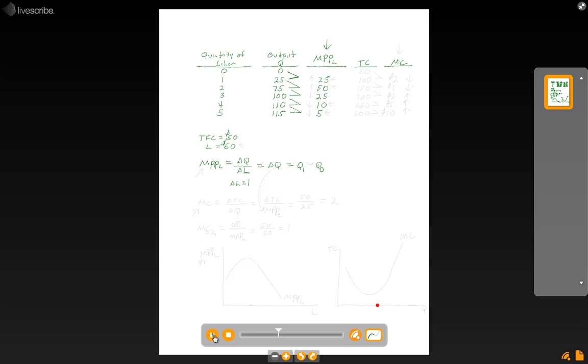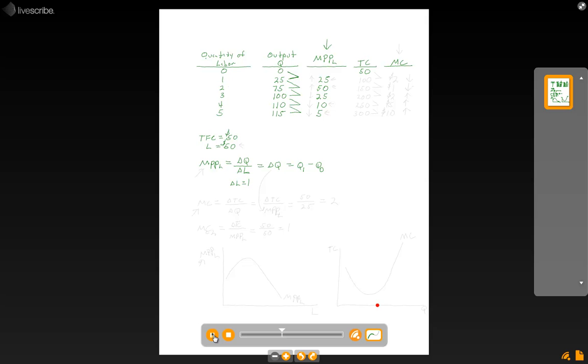All right, now our total cost. We know our total fixed cost is going to be equal to $50 regardless of how much we produce. So that means if we do no production whatsoever, we're still going to have to pay $50 for our equipment.